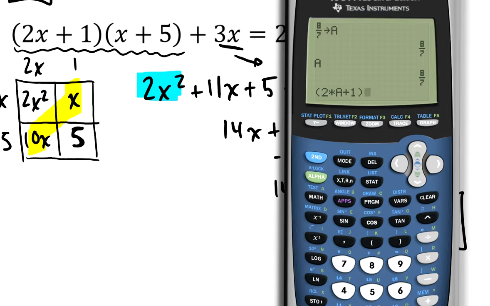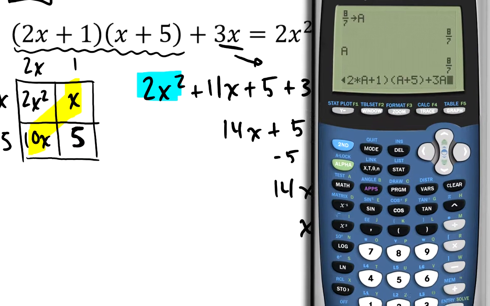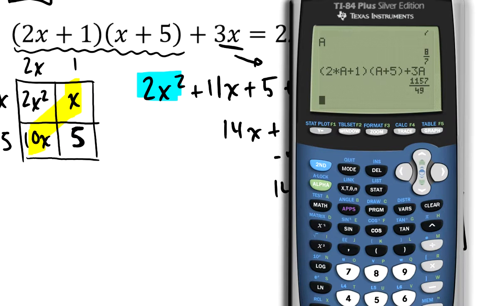Times, I'll do alpha A again, plus 5, close the parentheses, and I'll go plus 3 times A, so I'll bring up alpha A. So that's one side of the equation, and let me go ahead and press enter and see what it gets us. It gives us, that's cute, 1,157 over 49. Huh, I like it.